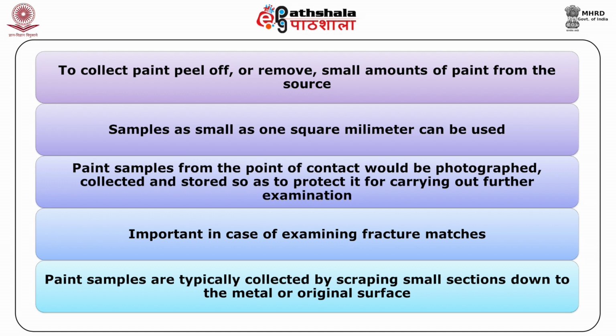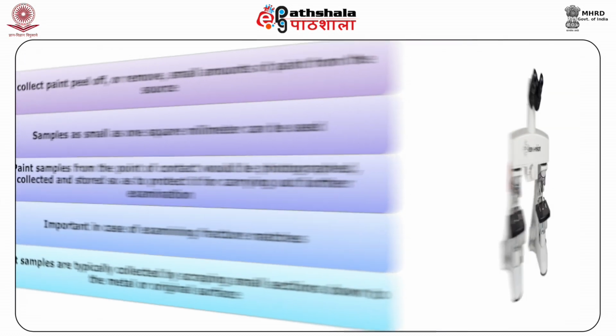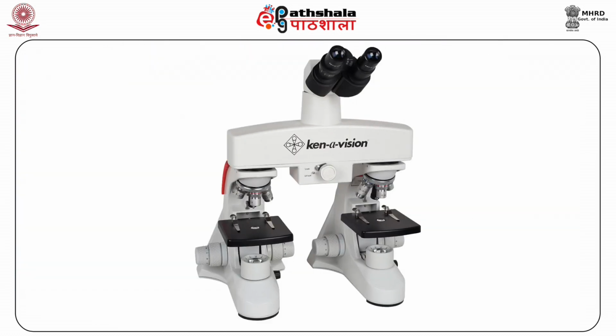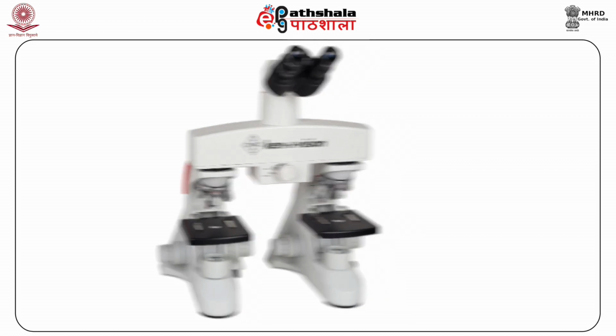Paint samples are typically collected by scraping small sections down to the metal or original surface or using tweezers to collect chips already dislodged. Analysis. Powerful comparison microscopes are used to compare colors, thickness, layer patterns, and luster, or to match fragments and tears.